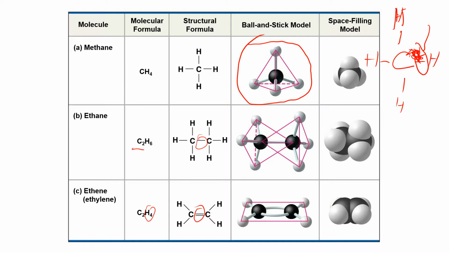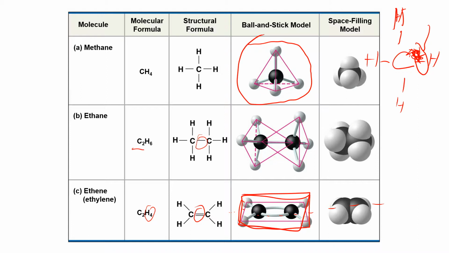Notice how the molecule is also in the same plane. Both carbon atoms and the hydrogens are all in the same plane. If you draw a line right through it, they're all found on the same plane.